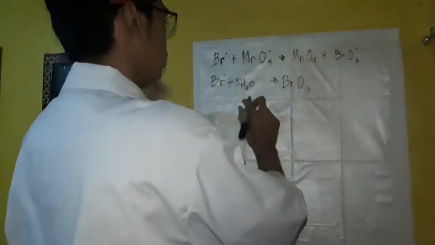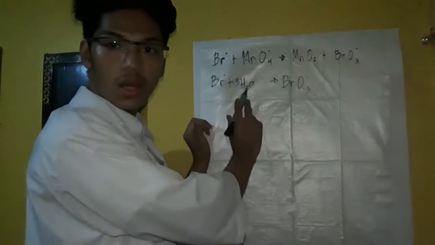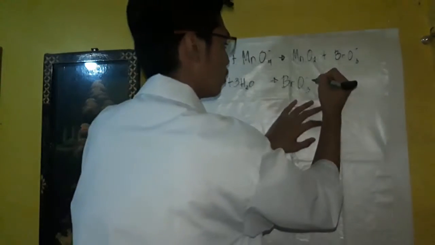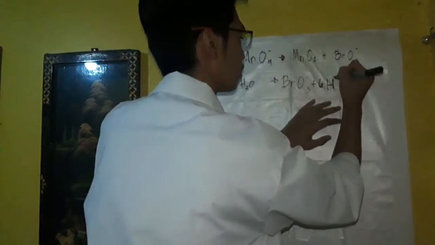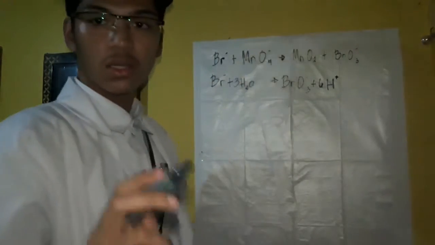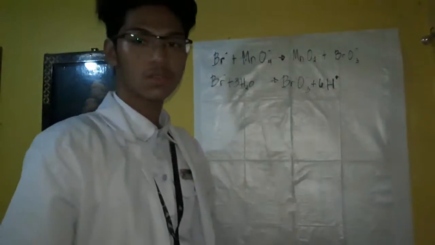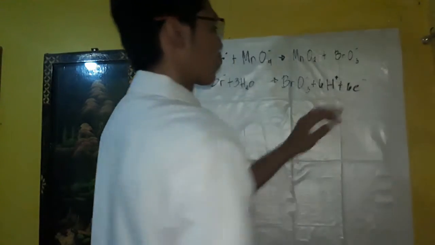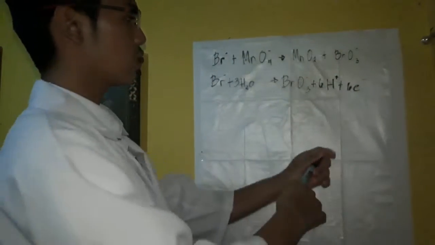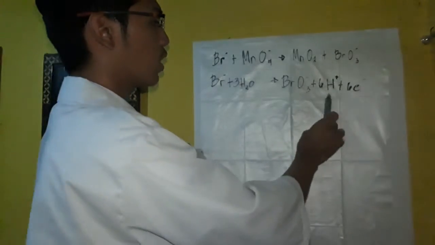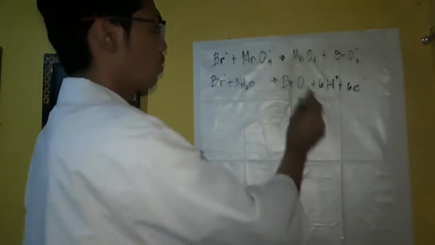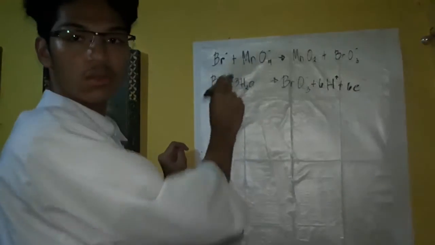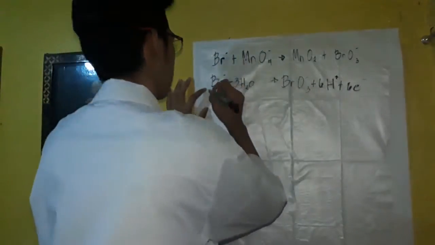Then we have 6 hydrogen here, so we will add 6 H⁺. The charges are not balanced, so we will add 6 electrons. Negative 6 plus positive 6 equals 0, plus negative 1, and negative 1, so the charge is balanced. Now let's proceed to the second half.